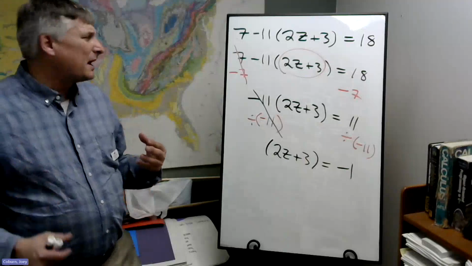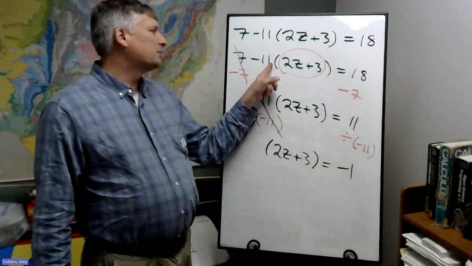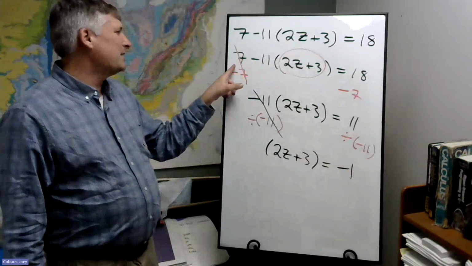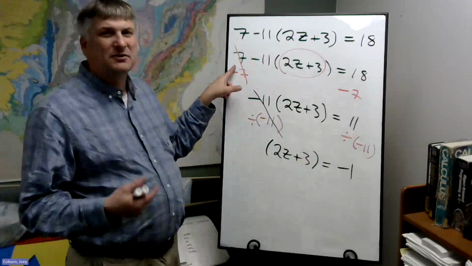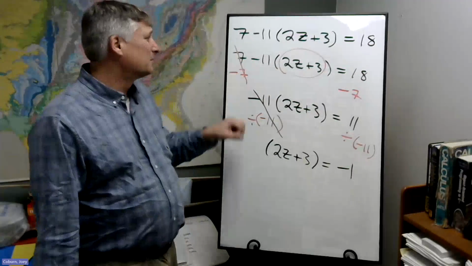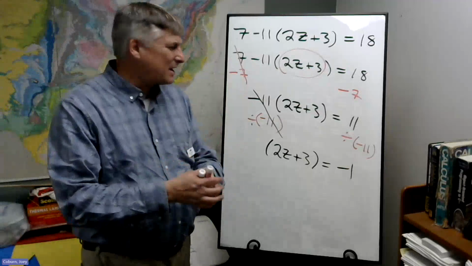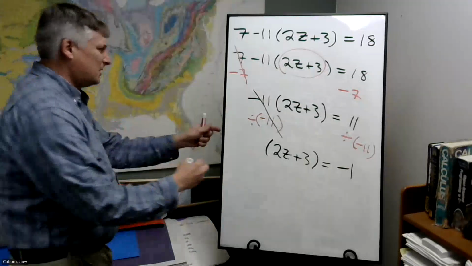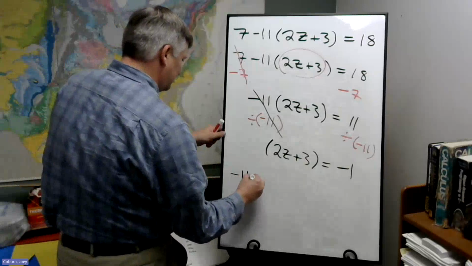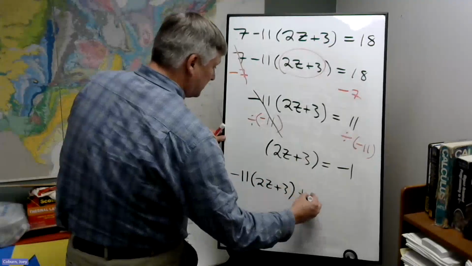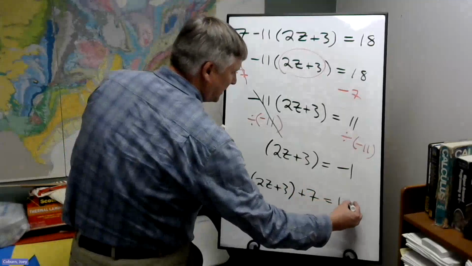The thing that's going to stand out, this 11 is multiplied to the parenthesis. So that means we need to eliminate anything else that's a constant number that's floating out here. And so that's what we're doing here. Another way of imagining this is you could think of it as negative 11 times 2z plus 3 plus 7 equals 18.